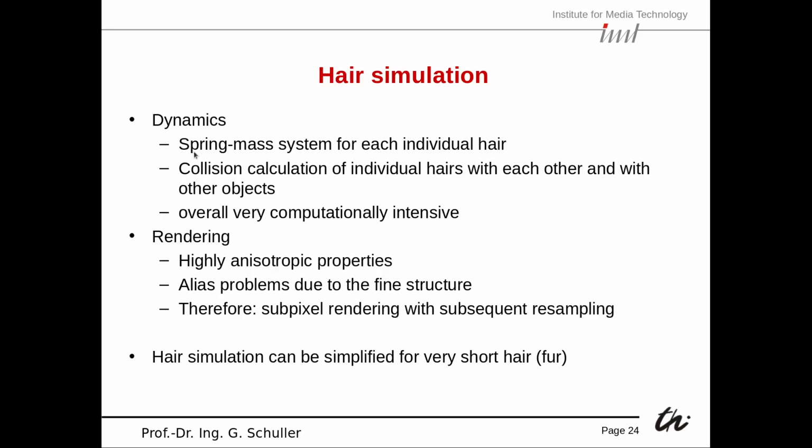So here we have a spring mass system for each individual hair, and we have a collision calculation of individual hairs with each other and with other objects. So overall this is very computationally complex or intensive. And the rendering is also highly anisotropic. We have alias problems due to the fine structure, and therefore we need subpixel rendering with subsequent resampling.